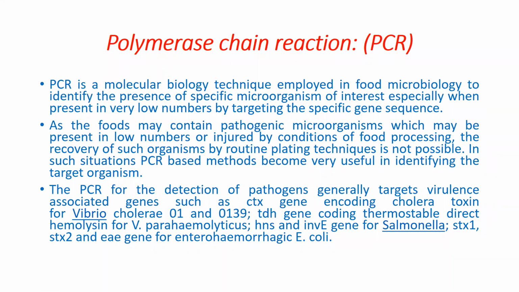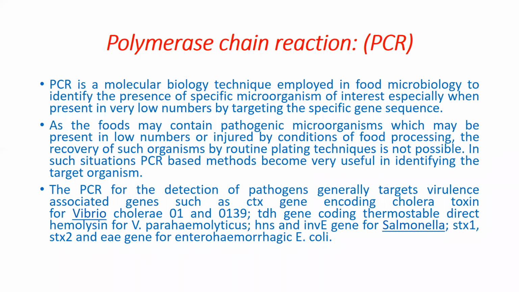For example, the CTX gene, which encodes cholera toxin in the species Vibrio cholerae having strains O1 and O139. Then the TDH gene, encoding thermostable direct hemolysin, for the species Vibrio parahaemolyticus, and the HNS and INVE genes for Salmonella. Then STX1, STX2 and EAE genes for enterohemorrhagic Escherichia coli.